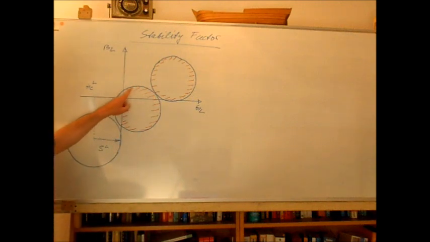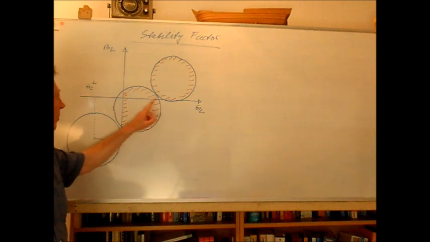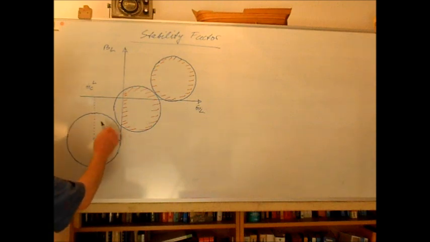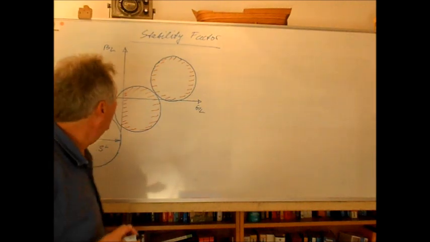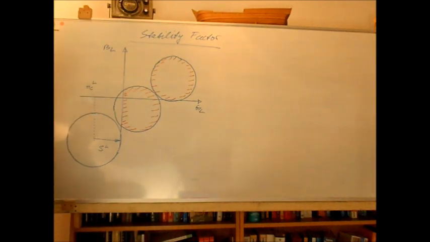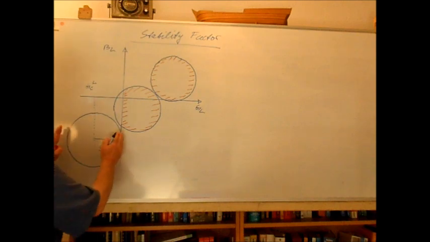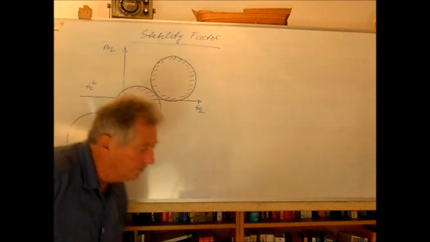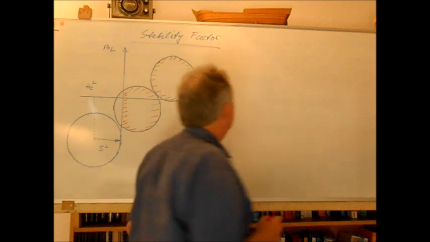As soon as the stability circle moves totally into the left half plane, only negative load admittances would result in a negative input admittance. And if the stability circle moves more and more into the left half plane, in principle we can say this is not very crucial.